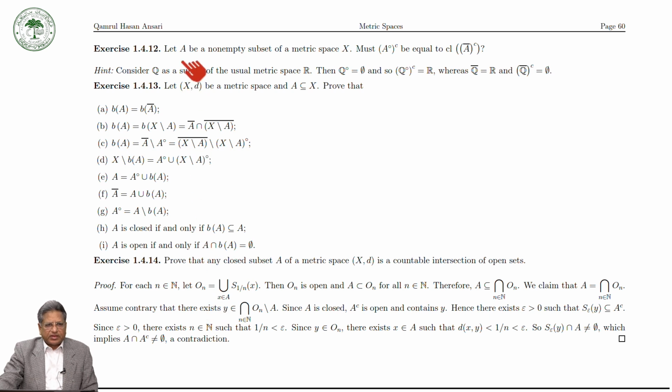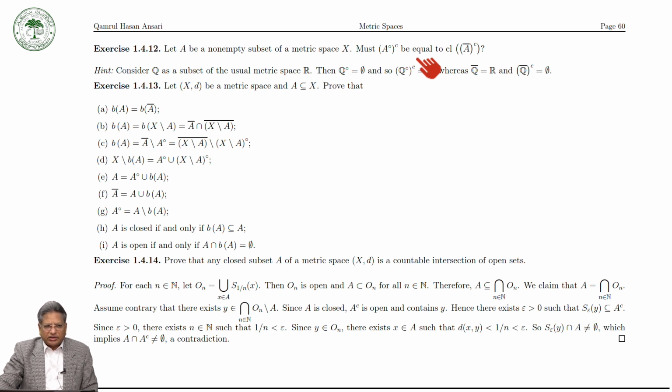Suppose A is a non-empty subset of a metric space X. Must the complement of the interior of A be equal to the closure of the complement? So whether this is equal to this thing or not. You can give the answer by producing an example.